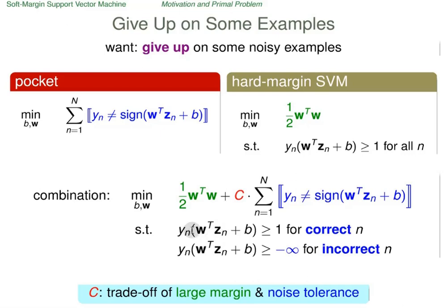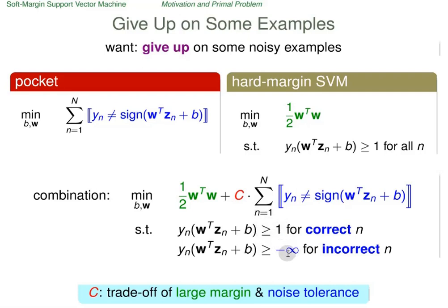The first constraint asks all points to be classified correctly. And the second constraint is an interesting one. It says that for incorrectly classified points, the following should hold true. It should be greater than -infinity, which means the first constraint is violated. So if any point is correctly classified, it should be greater than or equal to 1.